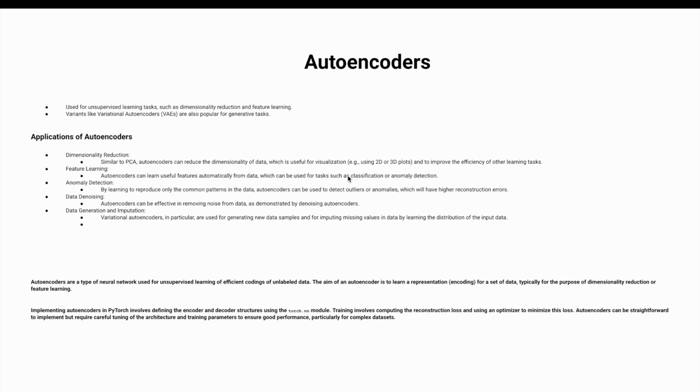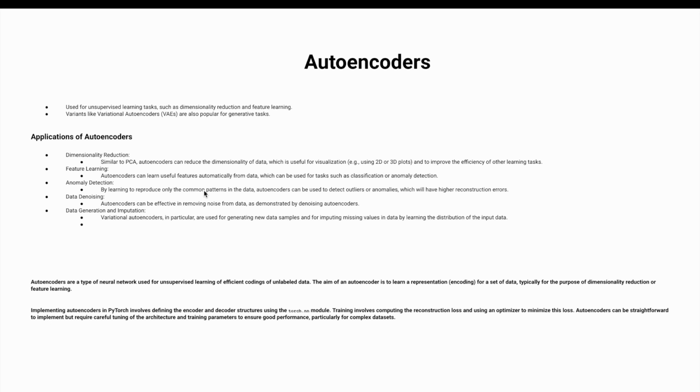Autoencoders can also be used for anomaly detection by learning to reproduce only the common patterns in data. They can be used to detect outliers or anomalies, which will have higher reconstruction errors. It makes a lot of sense because they learn to reproduce only the common patterns in the data.